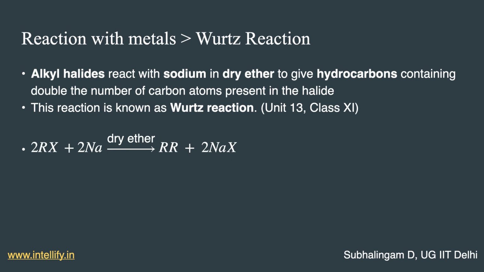And 2 moles of RX with sodium in dry ether, we get RR, that is an alkane, with 2 moles of NaX as byproduct. So what we have achieved here is that we have got a hydrocarbon, an alkane, from an alkyl halide, and this hydrocarbon has double the number of carbons that were there initially in the alkyl halide.